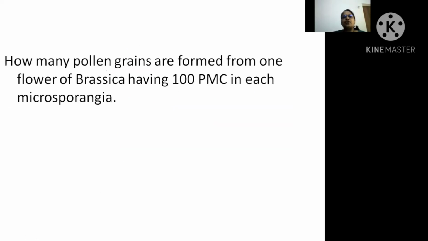Now see the next question. How many pollen grains are formed from one flower having 100 PMC in each microsporangium? You know very well that one flower has six stamens. Clear? And one stamen has four pollen sacs.